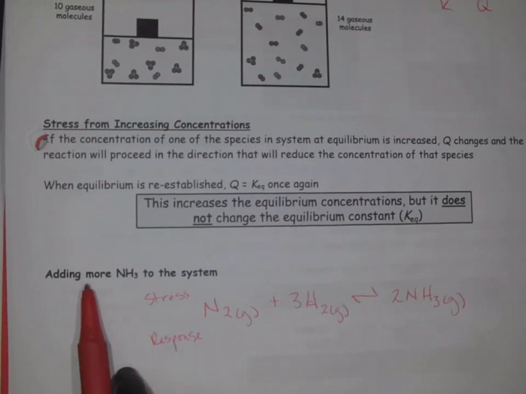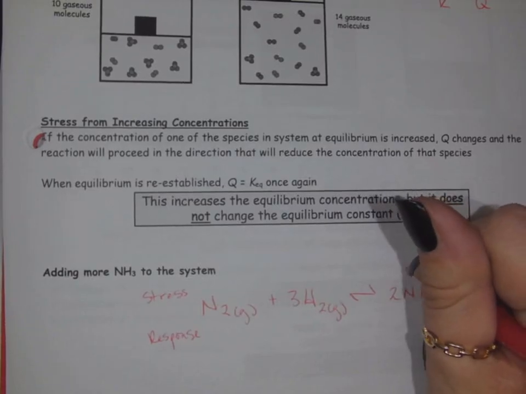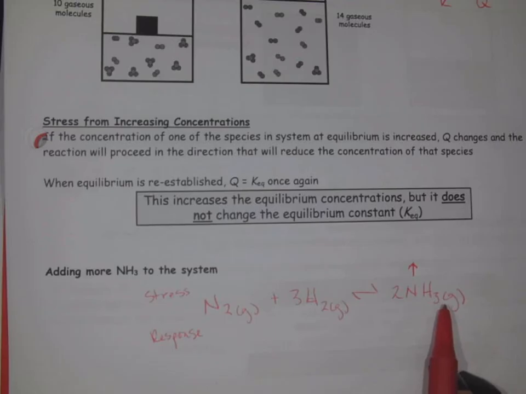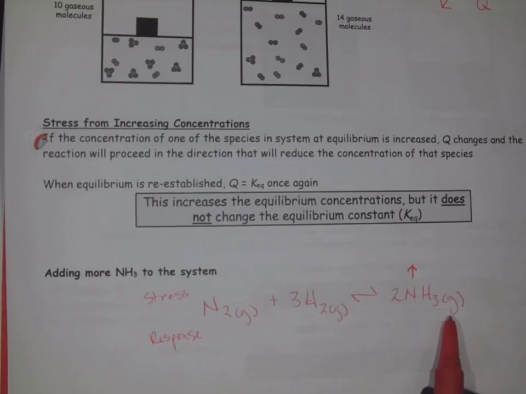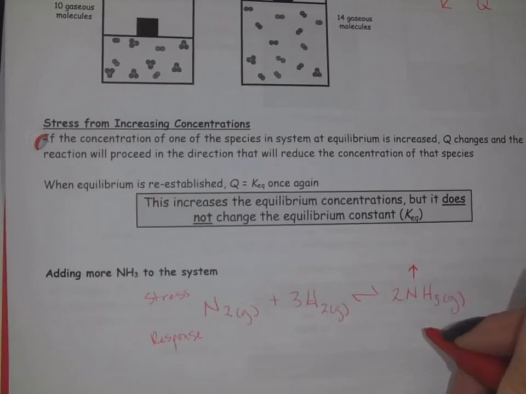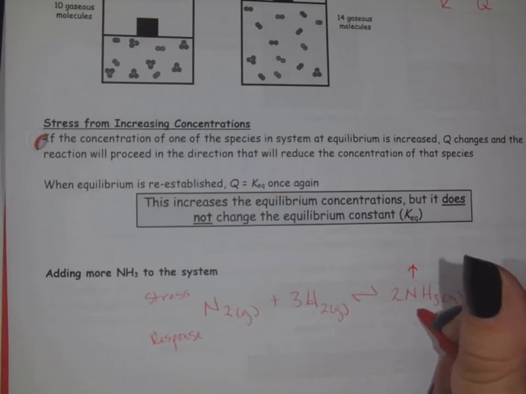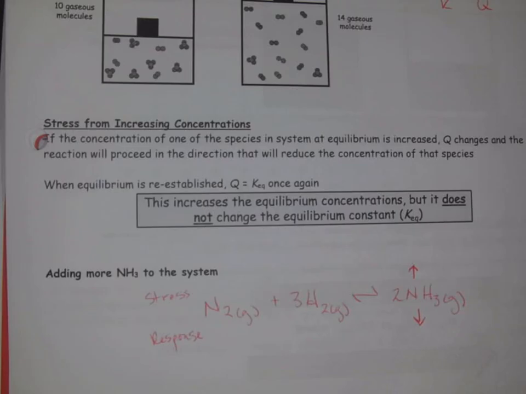So the stress is adding more NH3. So I'm going to increase my NH3. Reminder, the reaction's response to this stress is always doing the exact opposite of what the stress is. So if I add more NH3 in there, the reaction is going to then respond by decreasing the amount of NH3.